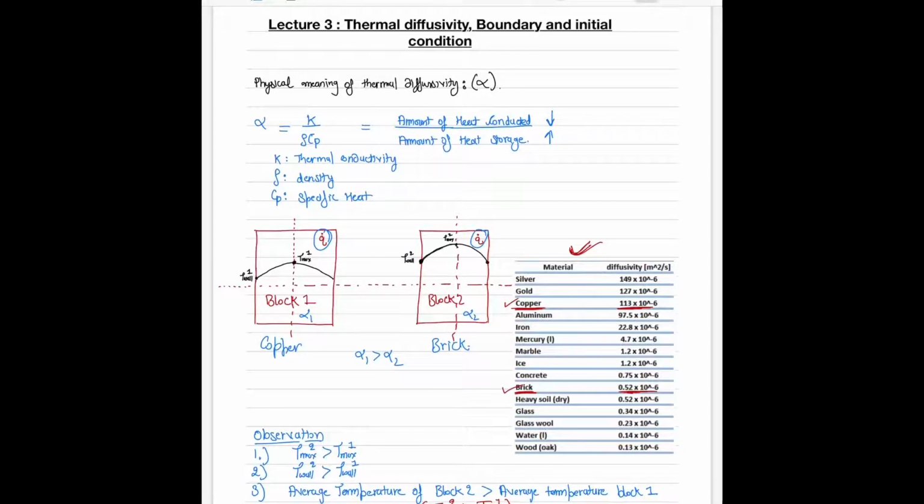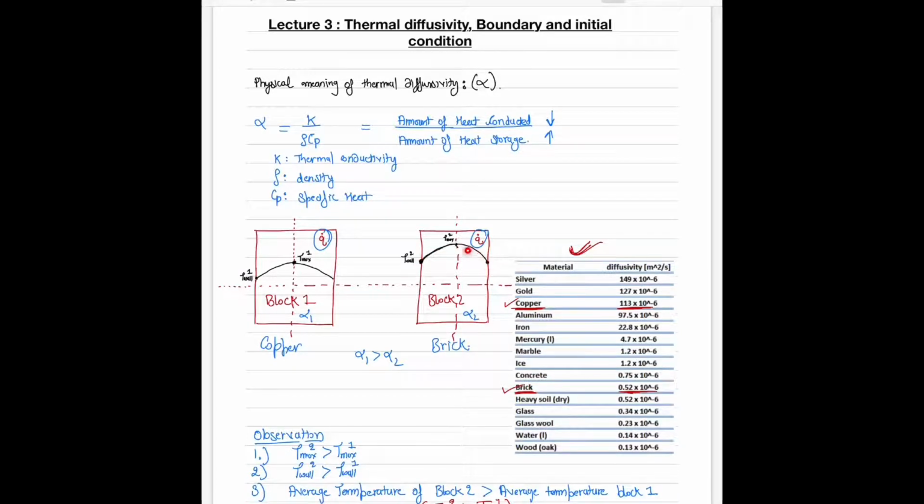After some time, when steady state is reached, you will observe a temperature profile within the blocks as shown by the black line. At the center you will have a maximum temperature, and at the wall it will have a lower temperature compared to the center.